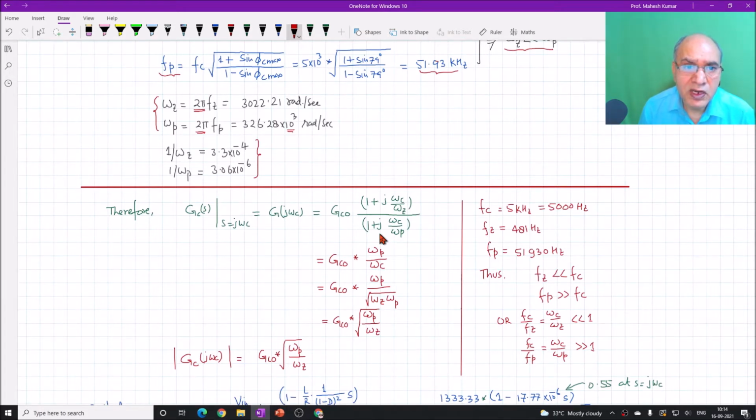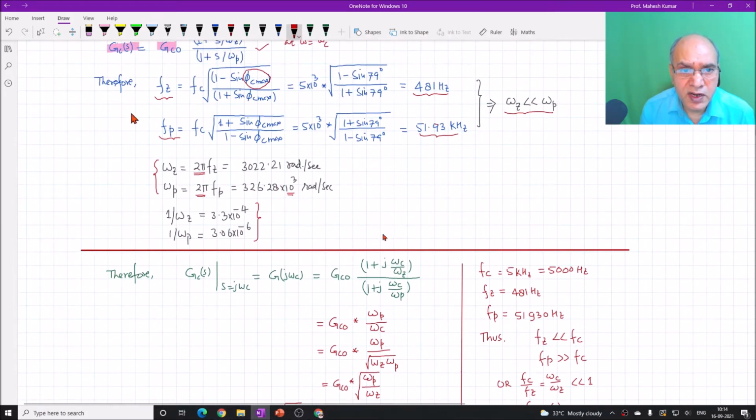This is from the requirement of the phase margin, the phase angle of the lead compensator. All this is from the perspective of the phase angle of the lead compensator. What about the magnitude? So we will find out what is the magnitude of this lead compensator at S equal to omega c.